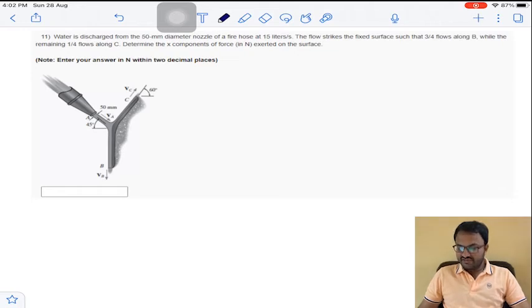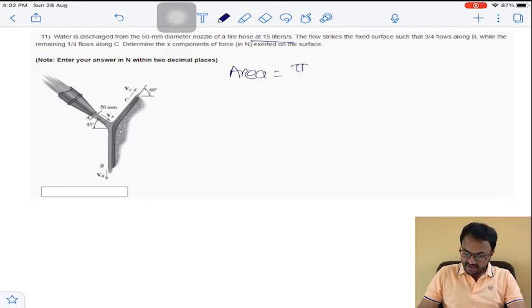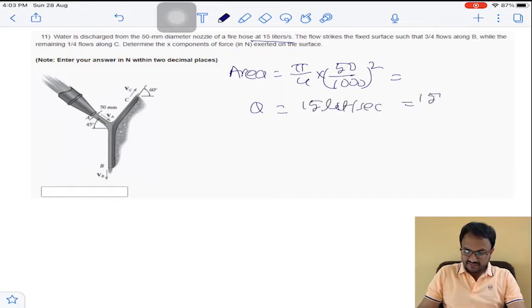Water is discharging from a 50 mm diameter nozzle to a fire hose at 15 liters per second. So first of all, the area is pi by 4 into 50 by 1000 whole square. You will get some area, and discharge Q is equal to 15 liters per second, that is 15 by 1000 meter cube per second.